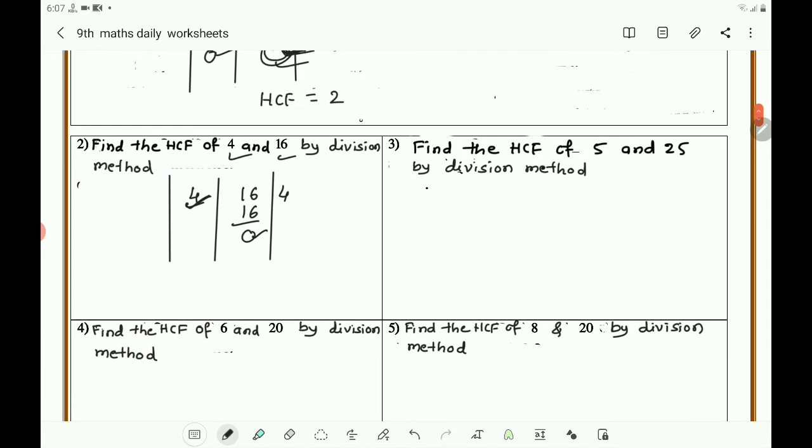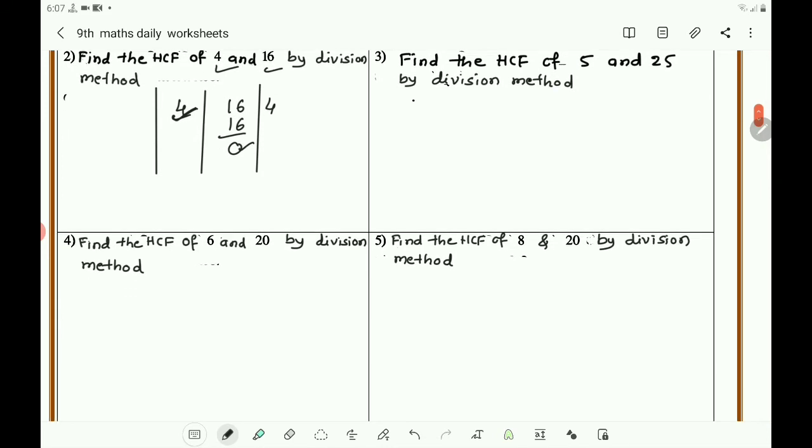Similarly, if you take one more example, you take 8 and 20. Which one is smaller here? Here you know that 8 is smaller. Then 8 2s are 16.